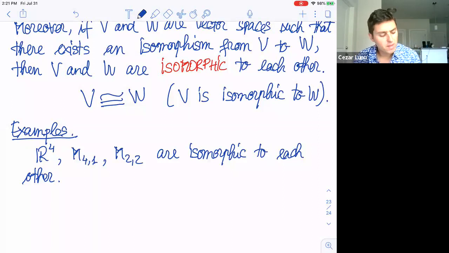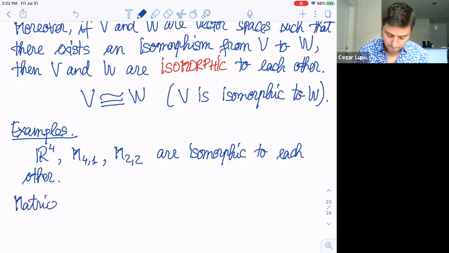Is there a way for me to associate a matrix? Can this linear transformation be represented as a matrix, for example? So matrices for linear transformations.